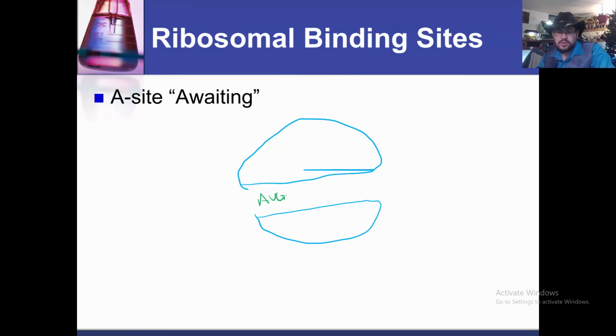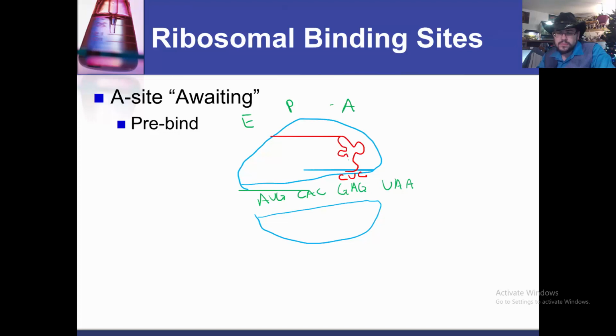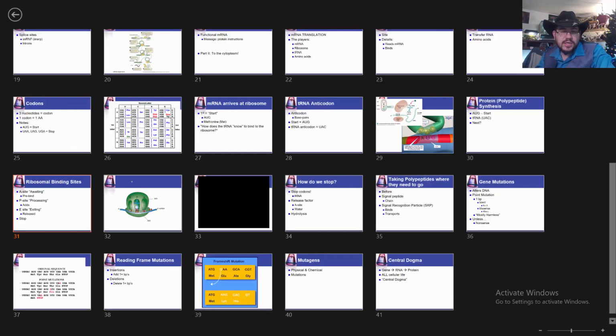So our AUG right here, our CAC, our GAG, and our UAA. So again, we have our E, P, A sites. Now again, we have the little tRNA with the correct anticodon here, C, U, C, hanging out in the awaiting site, bringing along its little friend.